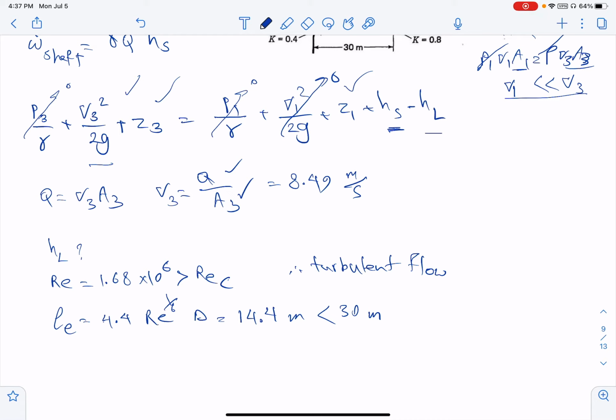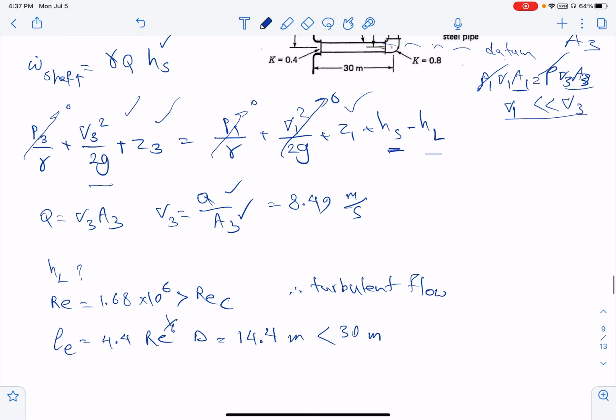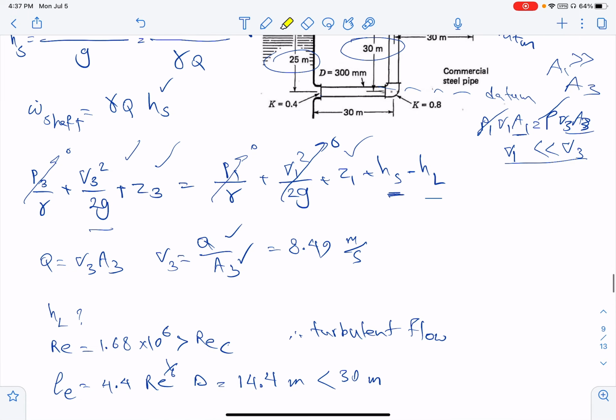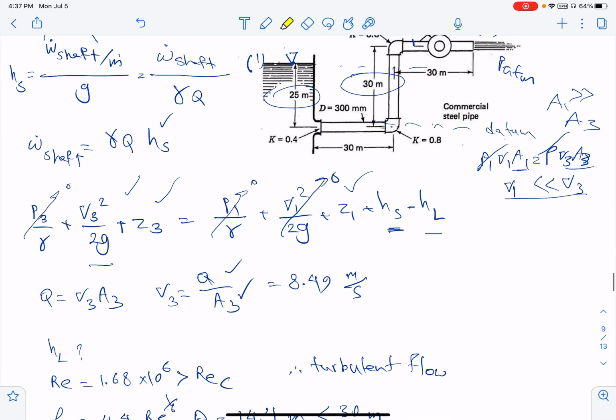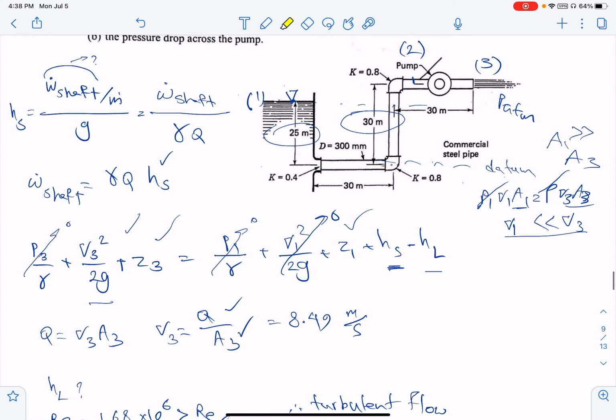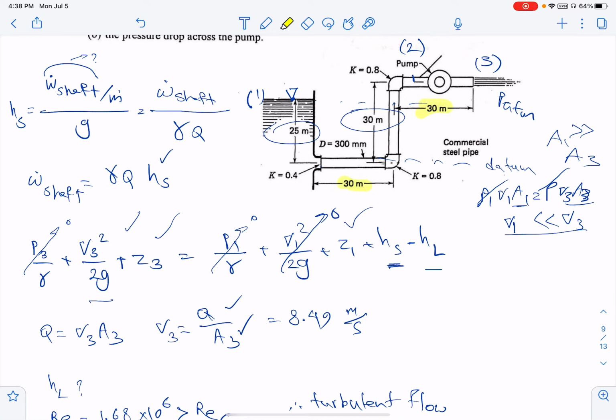It's not the diameter, it's the length right here. You can see the length on the picture.